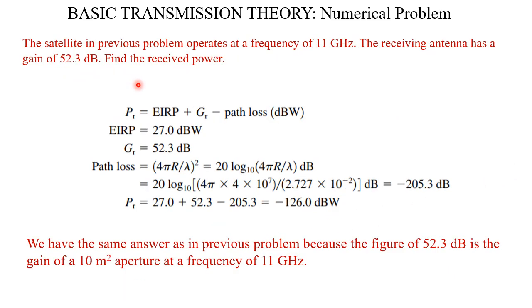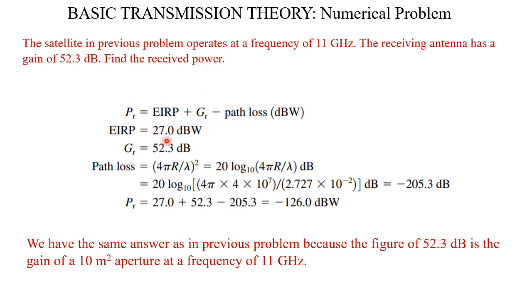Let us solve another numerical problem related to basic transmission theory. The satellite in the previous problem operates at a frequency of 11 GHz. The receiving antenna has a gain of 52.3 dB. Find the received power. So PR equal to EIRP plus GR minus path loss.